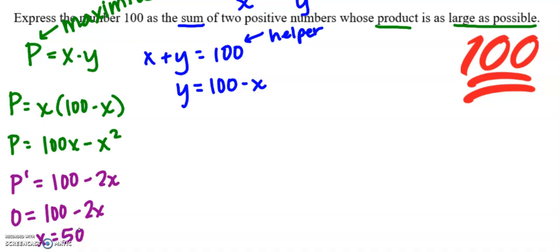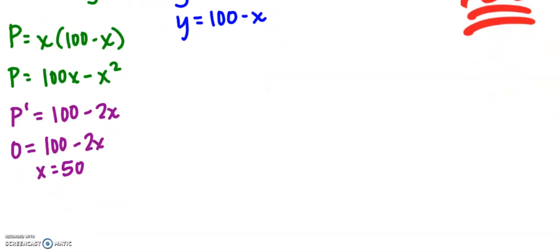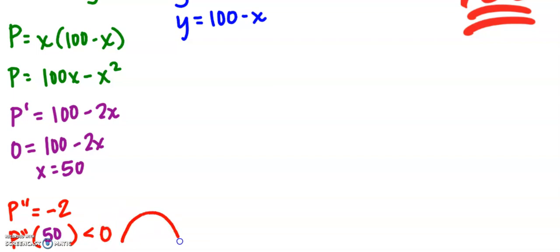So now there's two options to figure out if 50 was a minimum or a maximum. One option is to take the second derivative. P double prime is going to be equal to -2, which means that P double prime of that critical number, 50, is less than 0, which means my graph was concave down and x equals 50 would be a relative maximum.